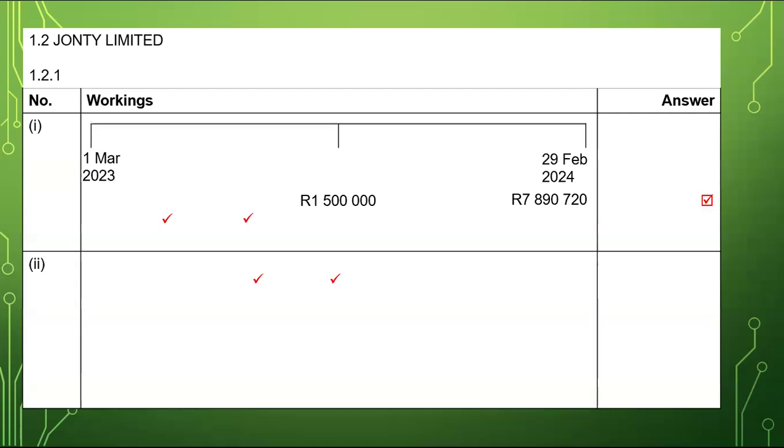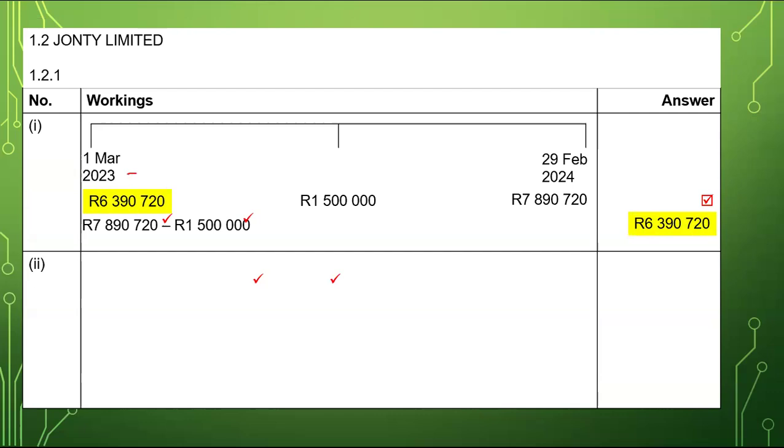If we want to go back to what it was, we need to take the end of the year and simply minus what was added, which will be that 1.5 million. And it will give us the cost of land and buildings that was purchased, which will be 6,390,720. That is for Roman figure number one.